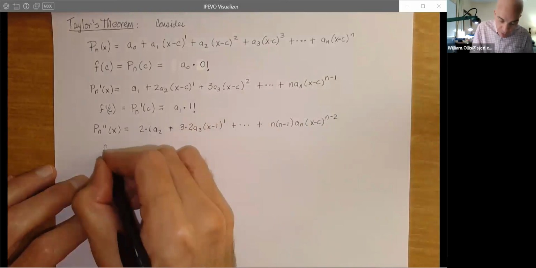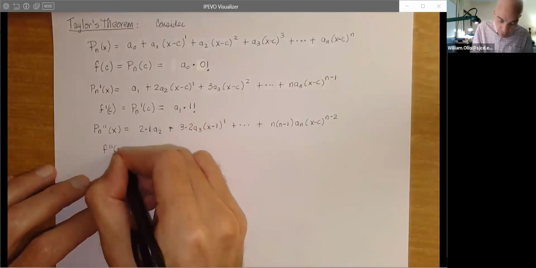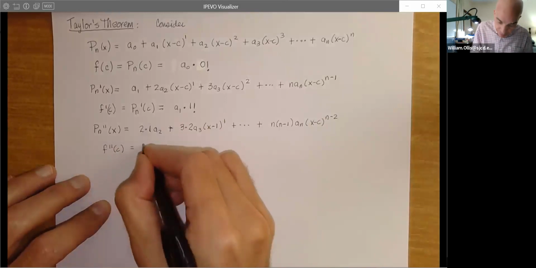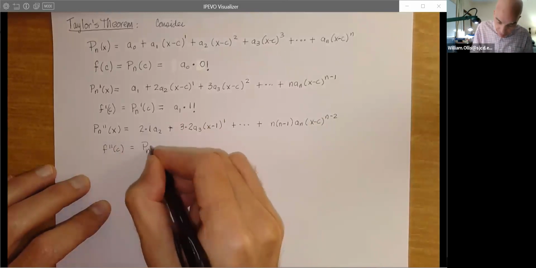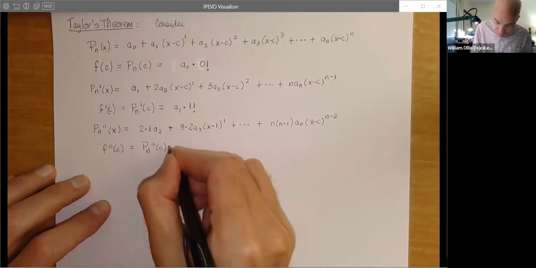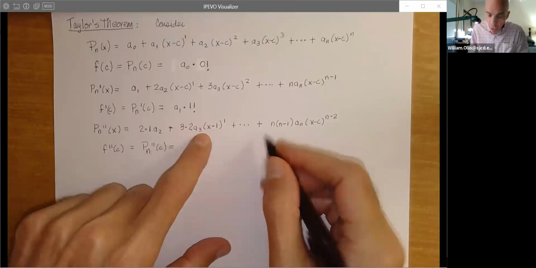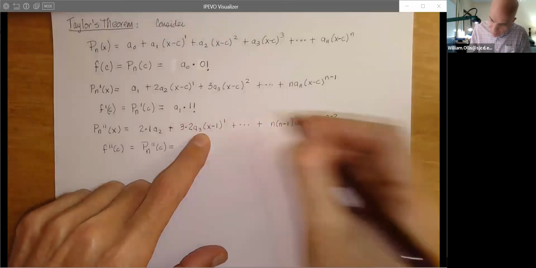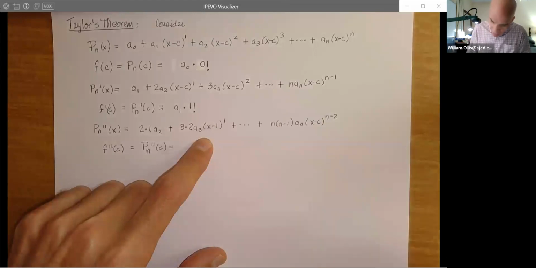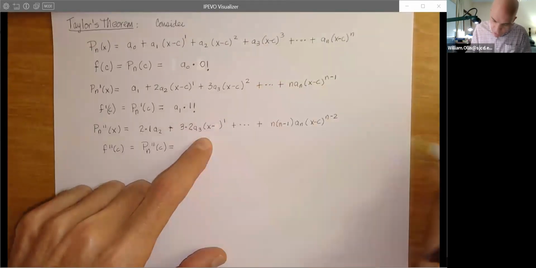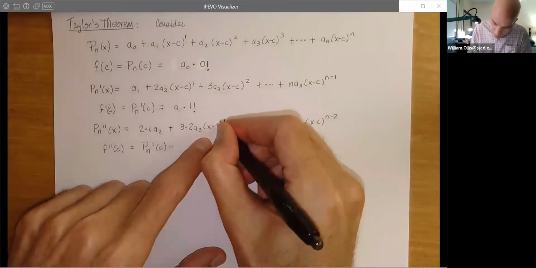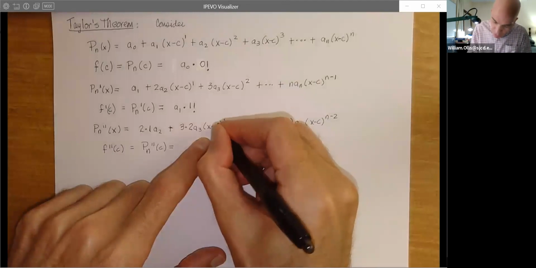So now we want agreement at the second derivative when we evaluate at c. And of course now all of these terms, oh, sorry, I don't know why I made that into a 1. I was thinking the power 1. Of course, math is just so good to us.